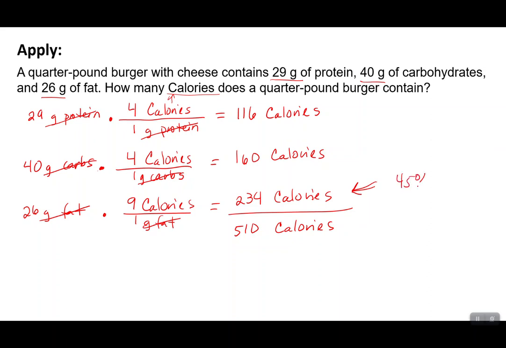So 45% of calories are coming from fat, even though you consumed the least amount of fat. You only consumed 26 grams as opposed to 29 or 40 of proteins and carbs. And that is because you're getting 9 calories for every gram. So that means that you can get more calories from fat even if you consume less of it.